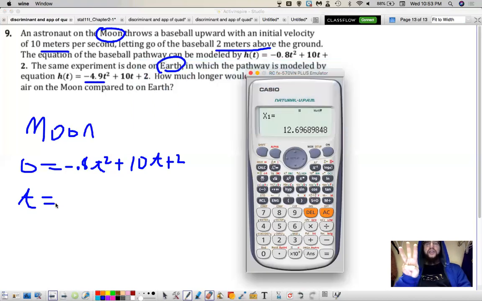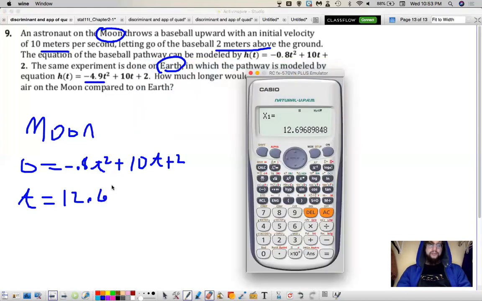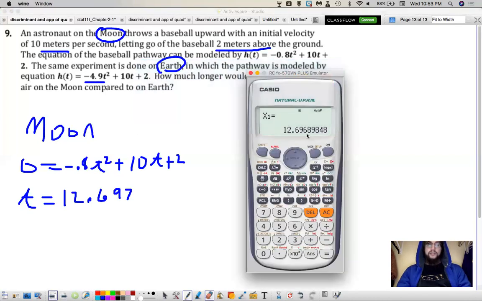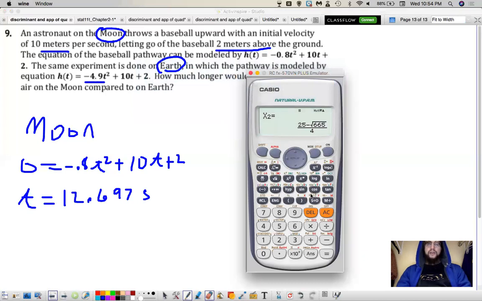Let's go 3 decimal places, just for funsies. 12.697. We're rounding to the 3rd decimal place. That's a 6, the next number is bigger than 5, so that goes into a 7. Or it could be, oh yeah, that's negative. That ain't happening, right? Negative is not going to work for us.